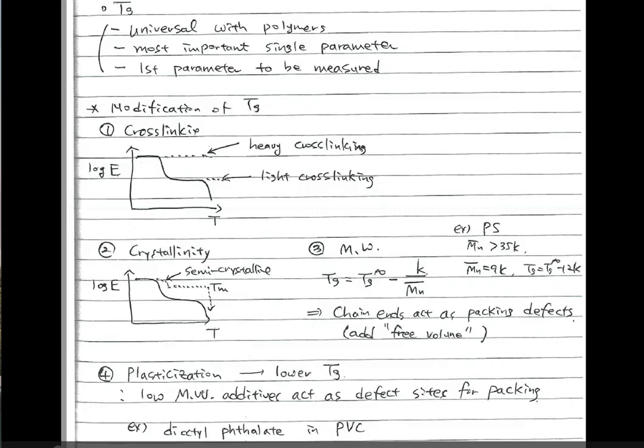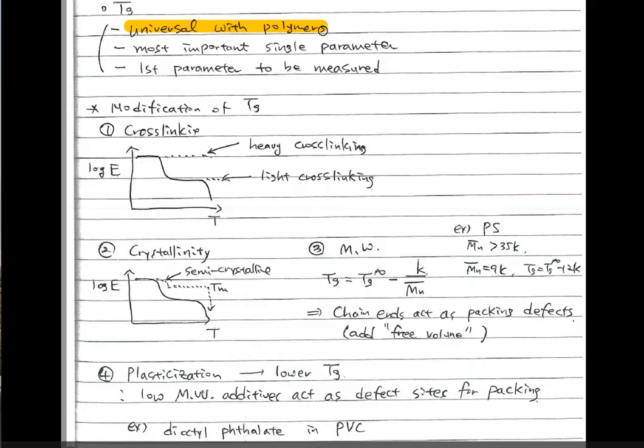Okay, let's briefly summarize the Tg. So Tg is a very unique property of polymers. Tg is universal with polymers. Basically all polymers exhibit Tg. Amorphous polymers have Tg, and even semi-crystalline polymers, since they have some amorphous regions, also have Tg.